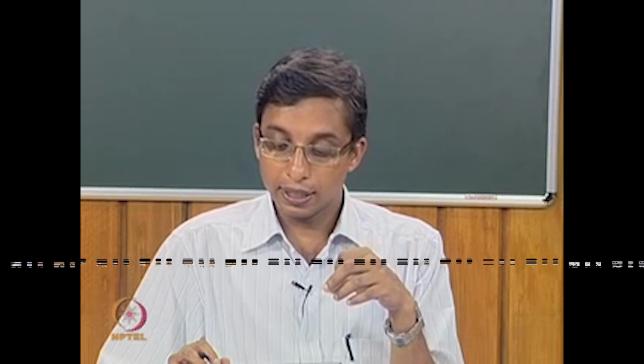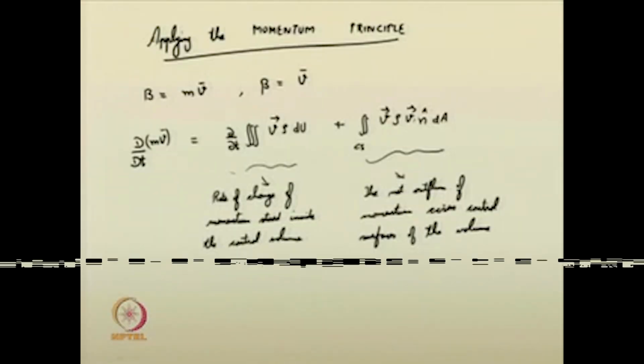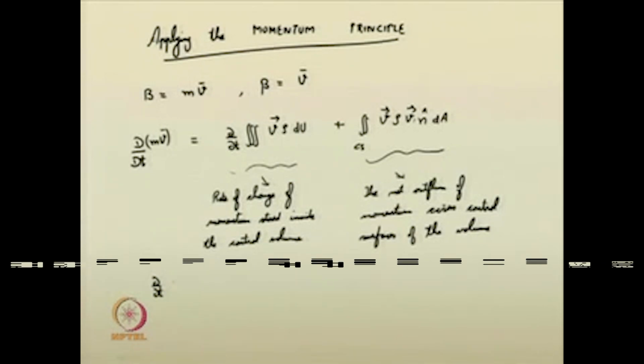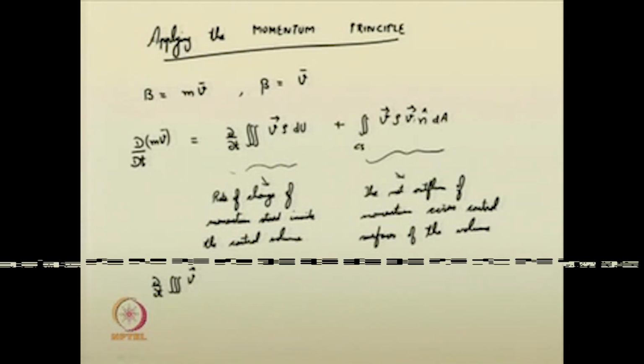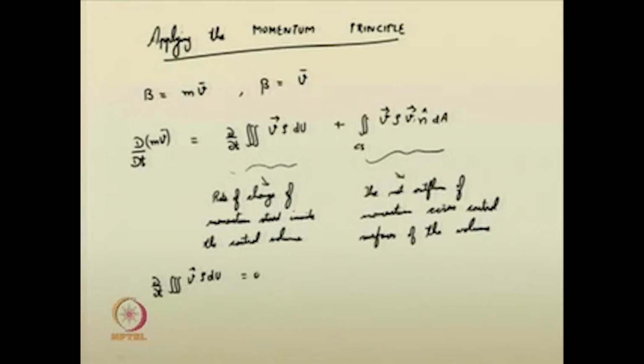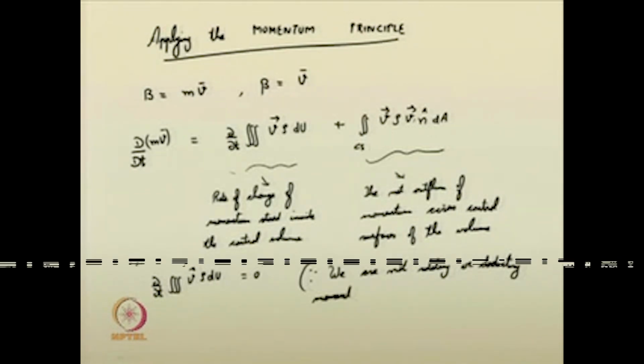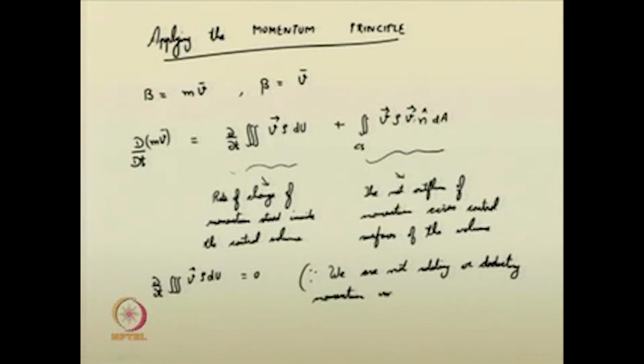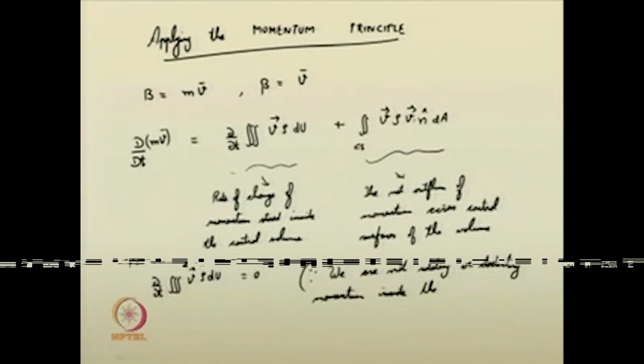So, we can avoid the first term, that is we can suggest dou by dou t of the first term as 0, because we are not adding or deducting momentum inside the control volume.